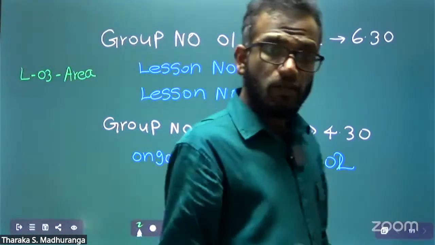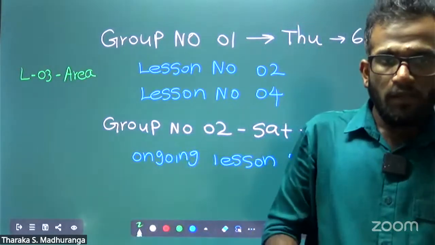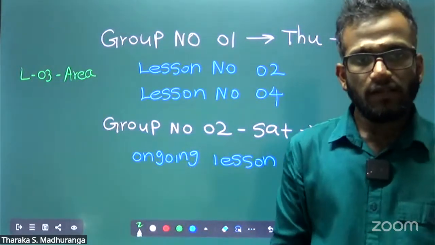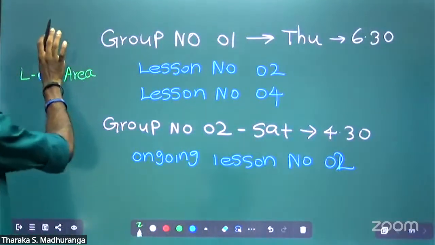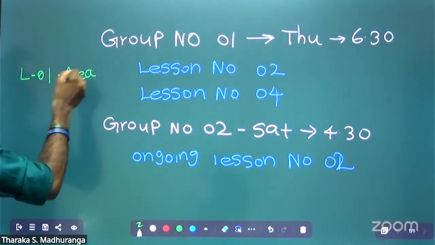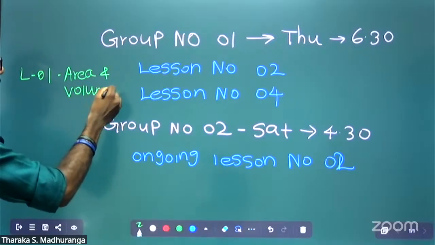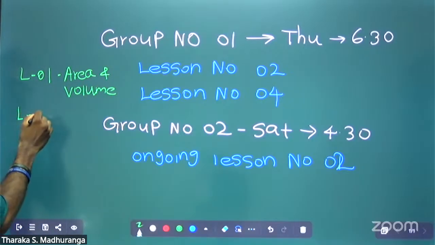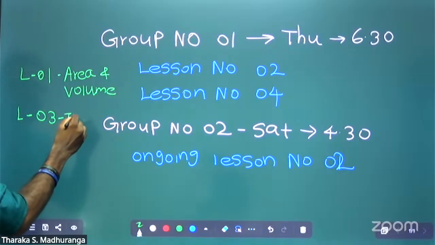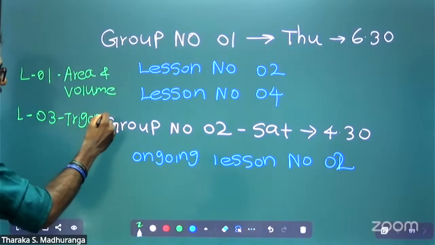If you want, I will send you a syllabus in your group with all lessons. Lesson number 1 is area and volume, a maths lesson. Lesson number 3, trigonometry, is also a basic mathematics lesson.